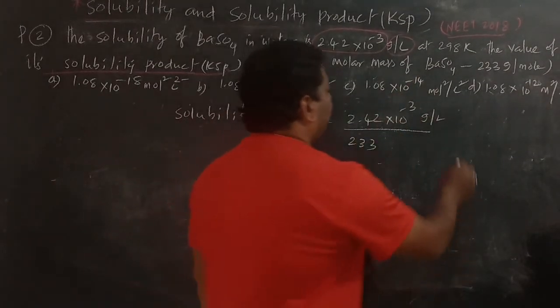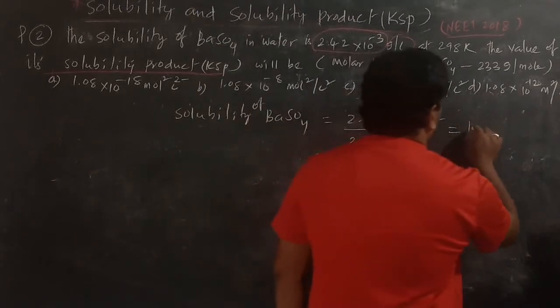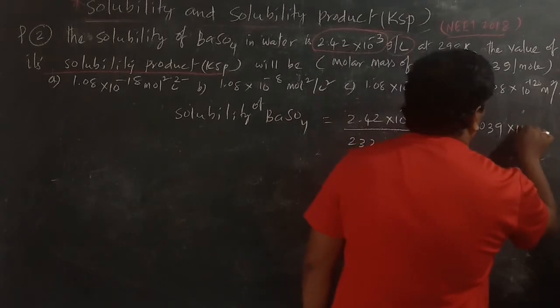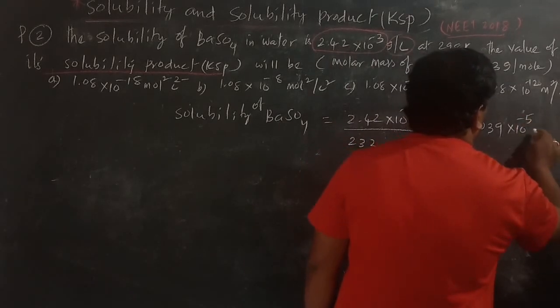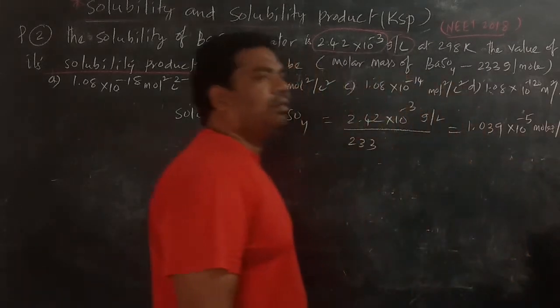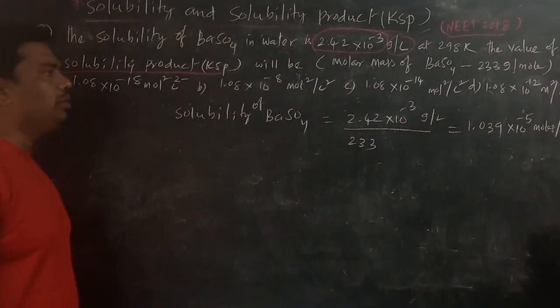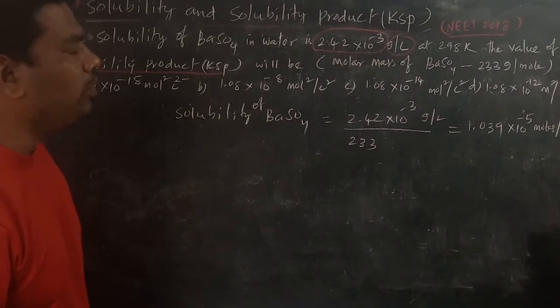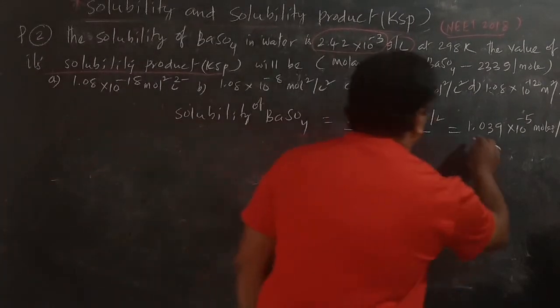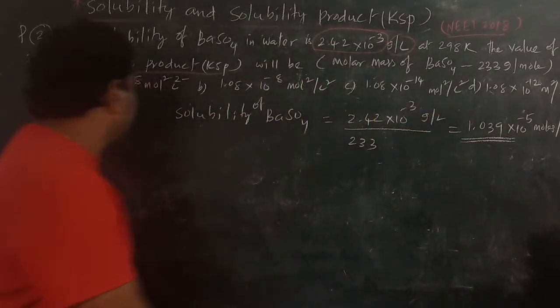After simplification, the value is 1.039 into 10 to the power of minus 5 moles per liter. So this is the solubility of barium sulfate.